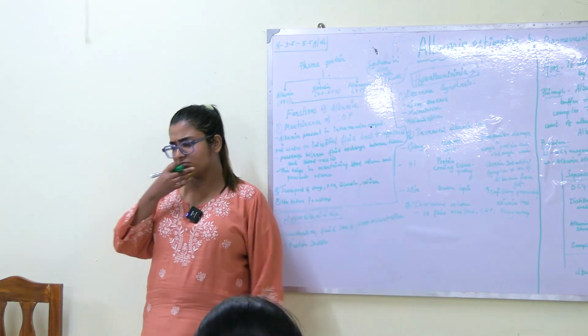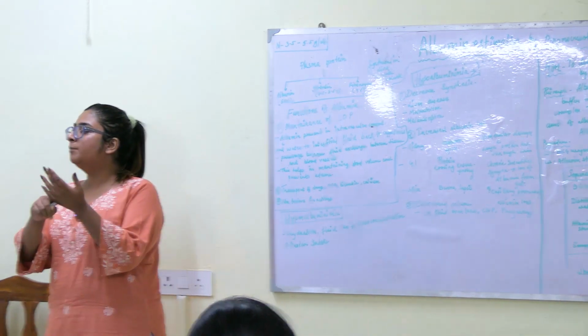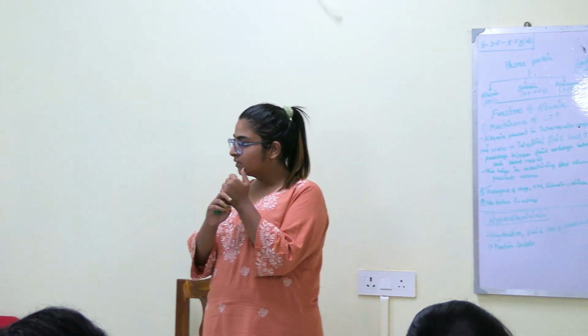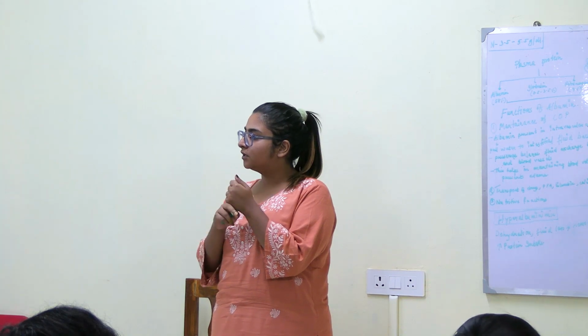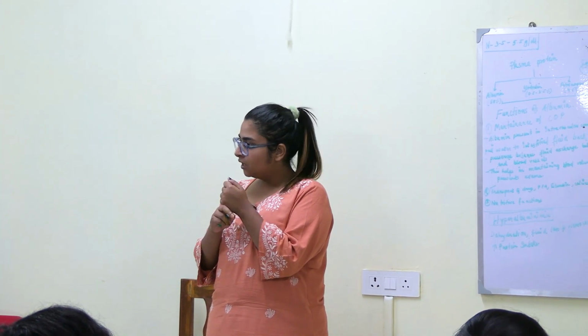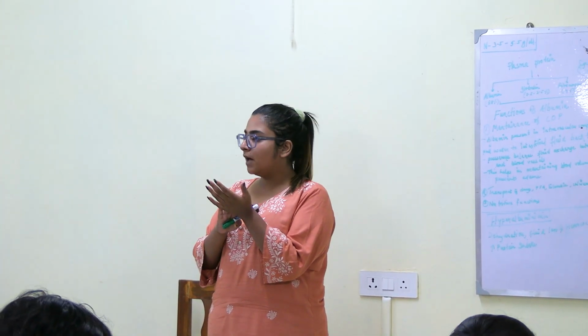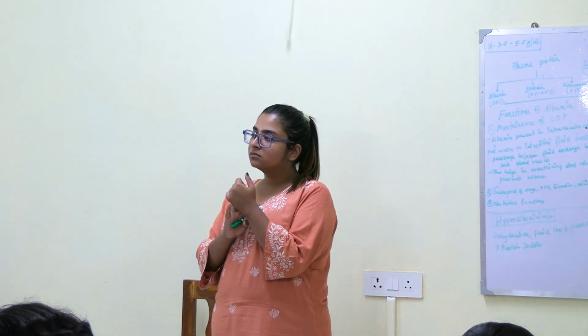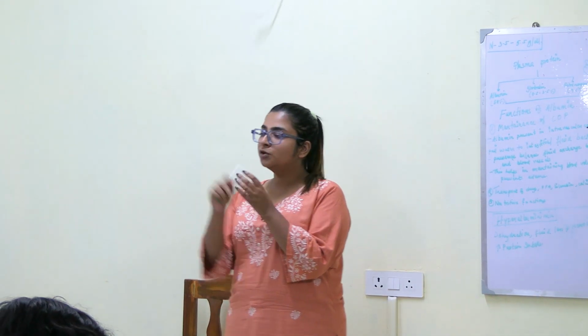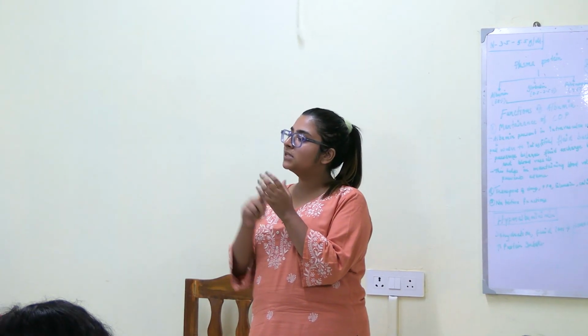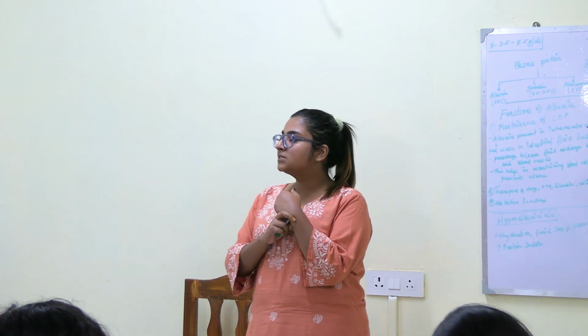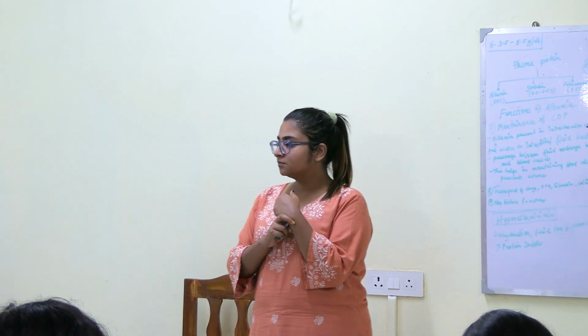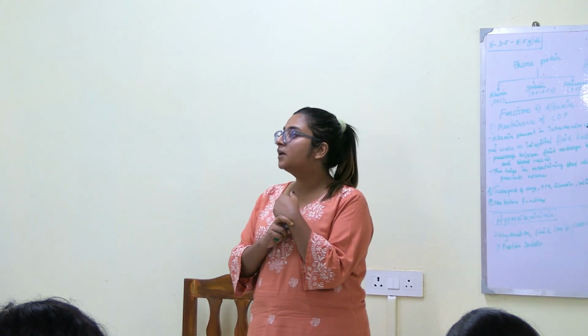Increased volume. You have 4 gram per dl albumin in your body, and you have 5 liters of blood in your body along with water and everything. Now suppose someone has dengue. What is the treatment of dengue? Excessive fluid therapy.